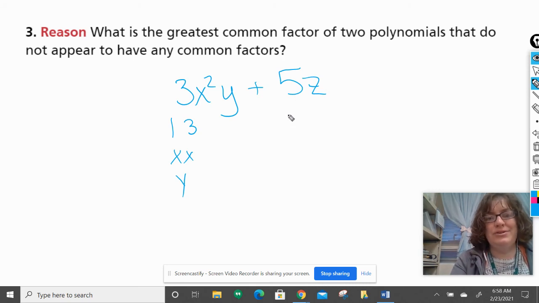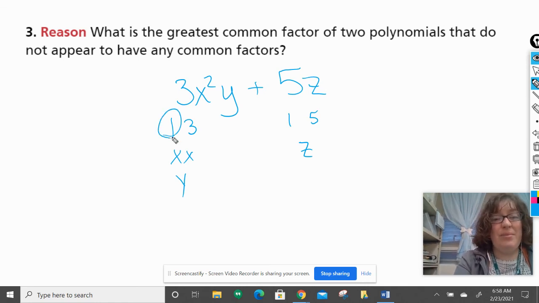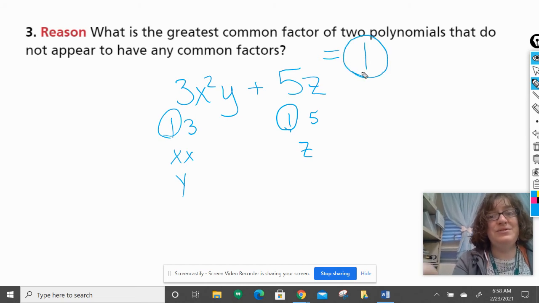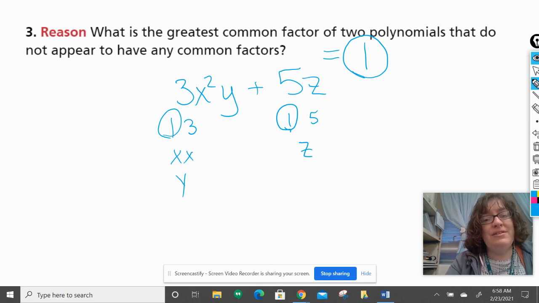And over here, factors of 5 would be 1 and 5 and then just a z. When I look at that, it doesn't look like there's anything in common except for a 1. And so the greatest common factor of two polynomials that don't look like they have any common factors is in fact just a 1. And if I factored out that 1, I would be left with just the same thing, 1 times 3x squared y plus 5z. Nothing really changed.